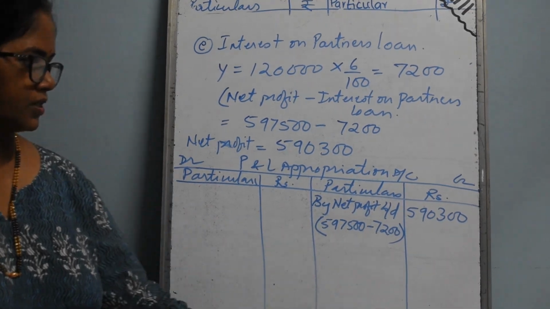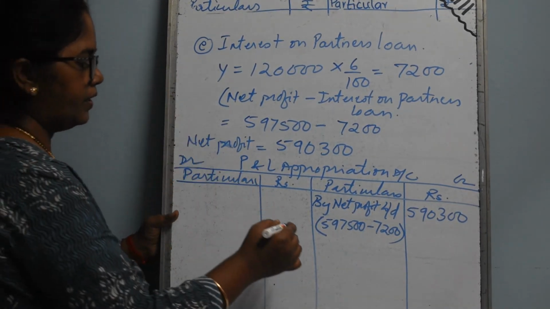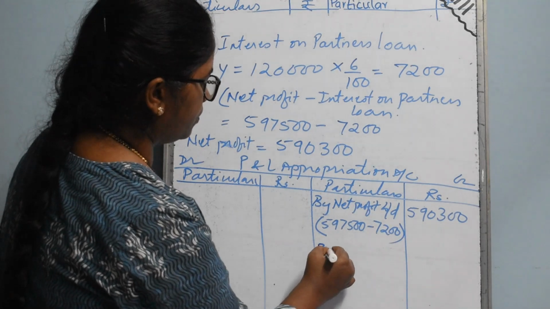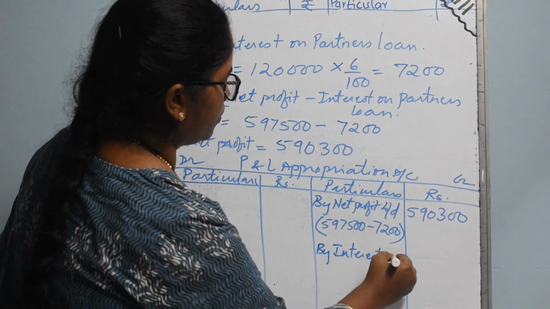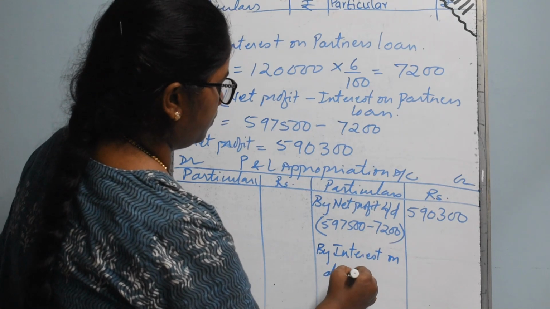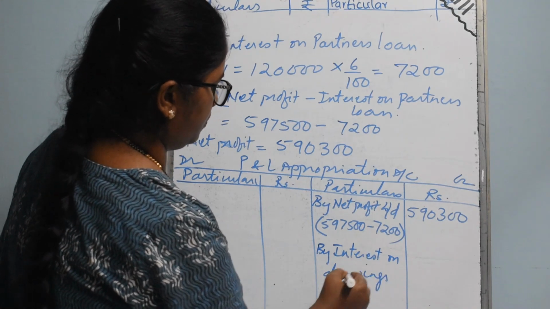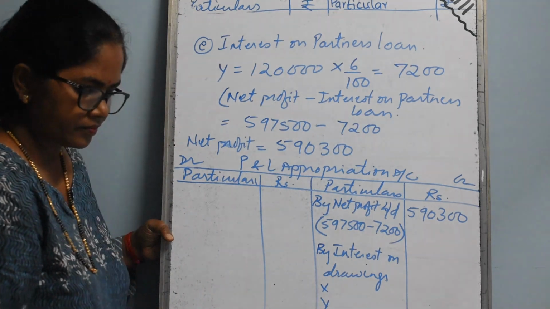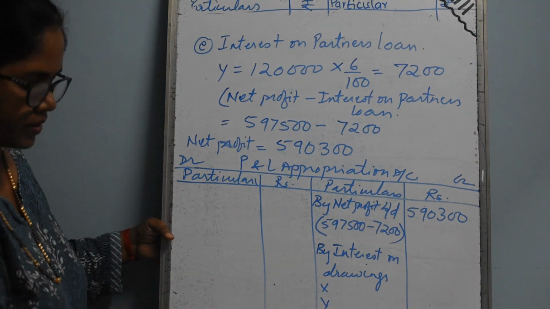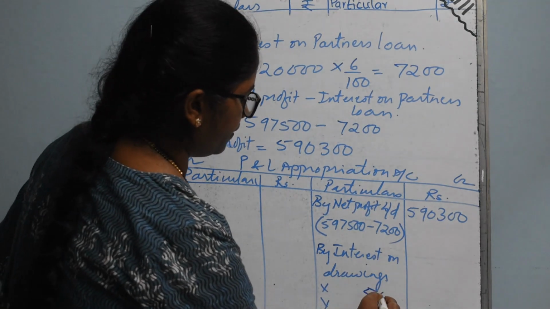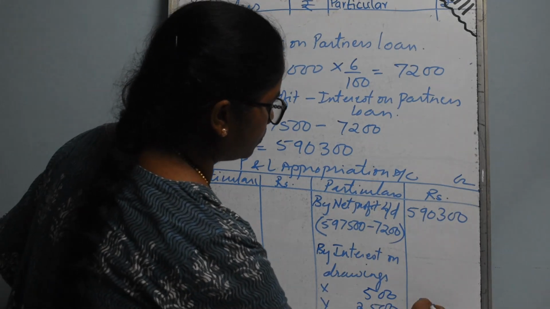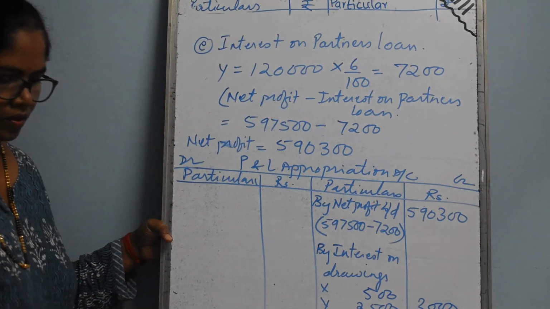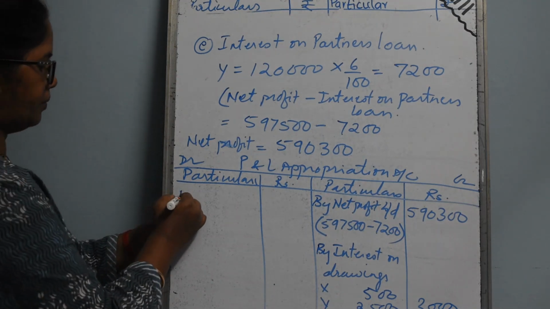Okay. So next we will write what we have calculated. Interest on drawing by X and Y was 500 and 2,500. It comes to 3,000. Next we will take interest on capital.